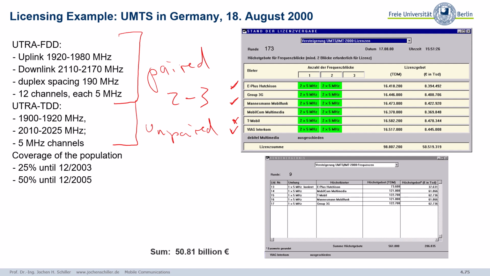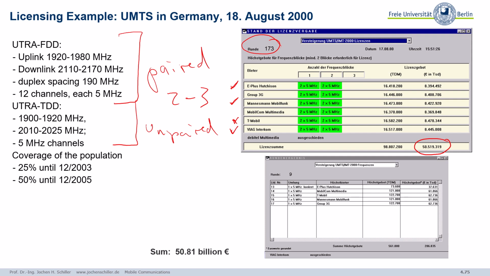What happened? In August, 18th of August, there was an auction going on with many rounds. And in the end, the licensing was 50-something billion euros. 50 billion. And everyone knew you have to invest at least, again, 50 billion into the infrastructure. Extremely high sum.